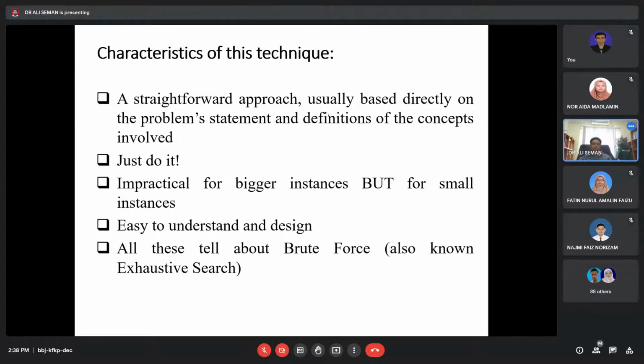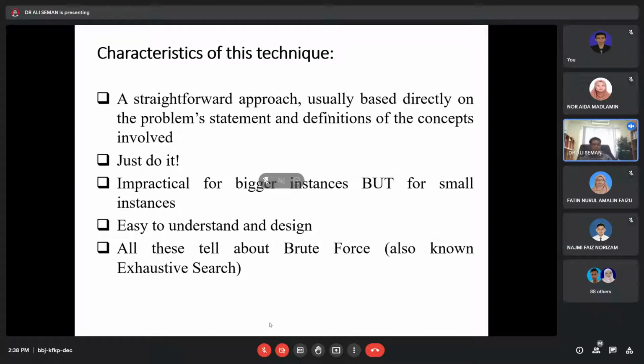This is actually for later, when we cover exhaustive search, a subset of brute force, especially for problems under exploration problems. Then the technique is actually called exhaustive search. Okay, clear for these characteristics of brute force?